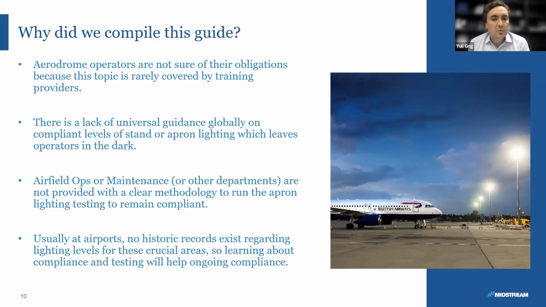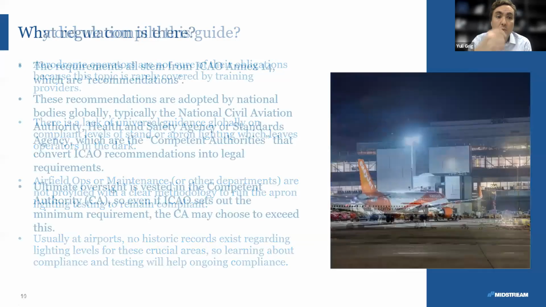So if we don't know what's been happening in the past, we can't see the trajectory. We can't see or forecast the future, and that's especially difficult for scheduled maintenance. We all want to move away from reactive maintenance and move into the scheduled maintenance world, and therefore ongoing and regular checking will be helping us to do that in the right way. So that's why we did it.